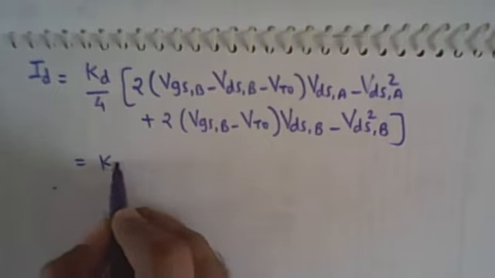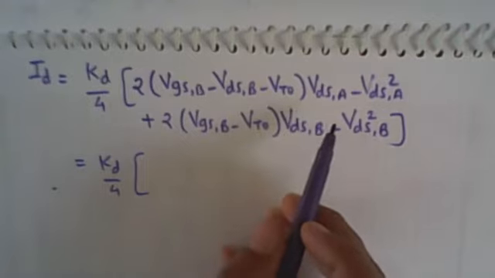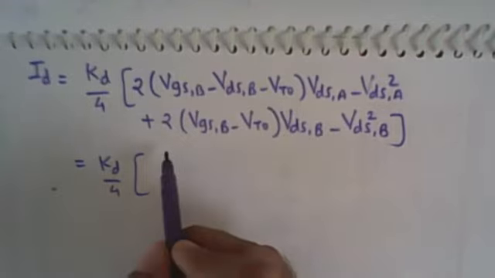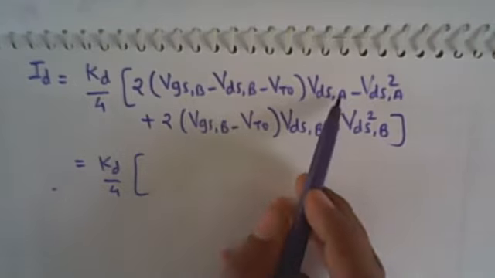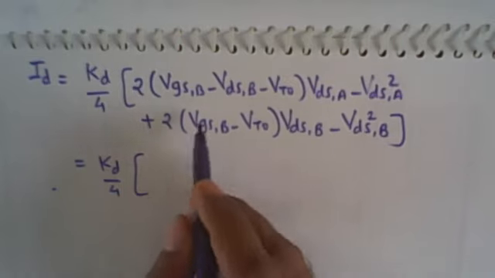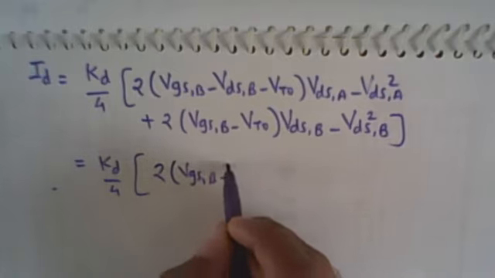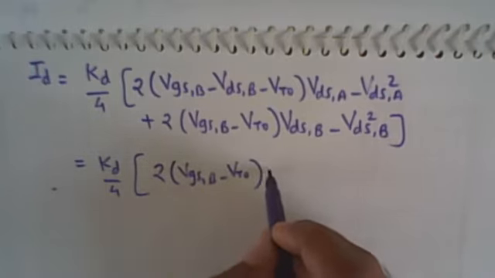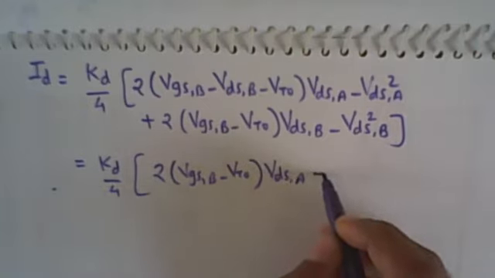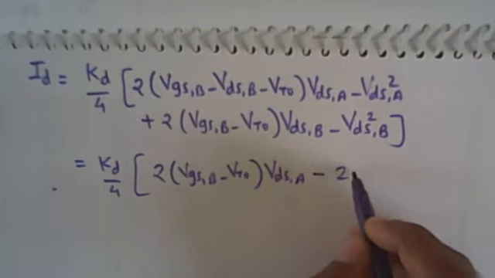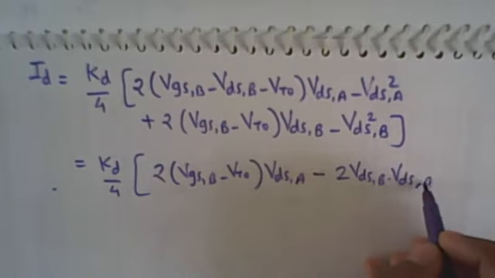So KD by 4, let me multiply the 2 VGS minus VTO, 2 VGS minus VTO, and one term is 2 VGS and VDS. So let me divide this term in two parts. 2 VGS of B minus VTO into VDS of A, and another term is minus 2 VDS of B into VDS of A. Right?